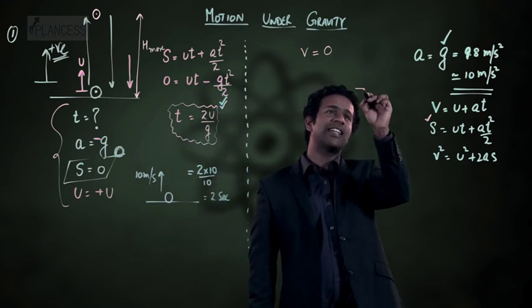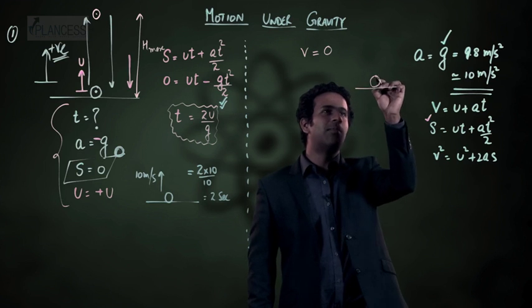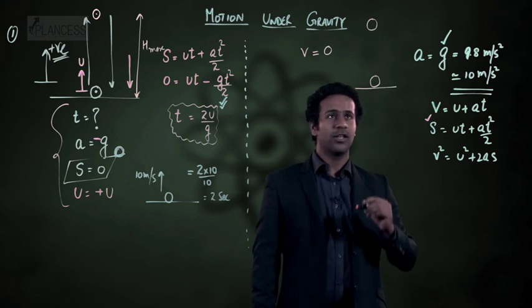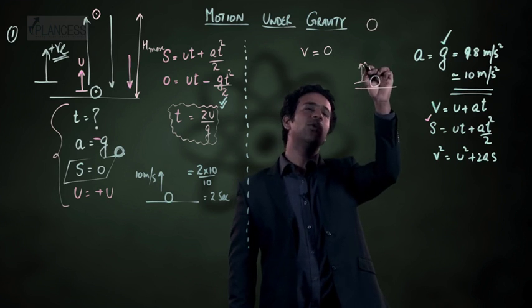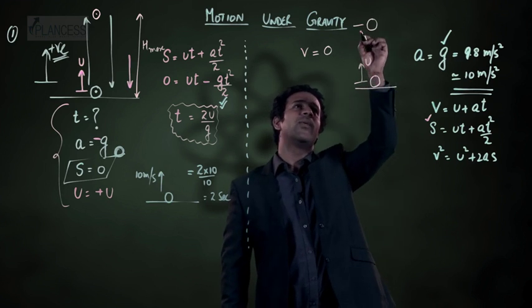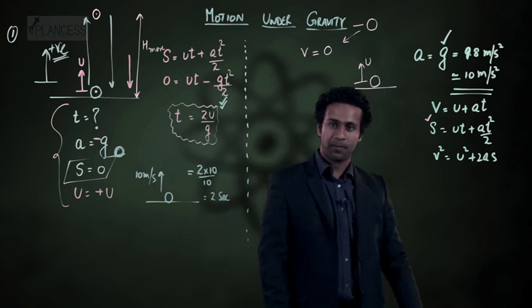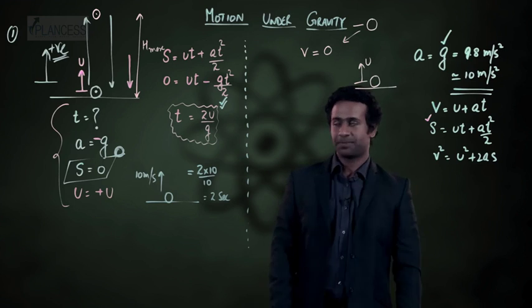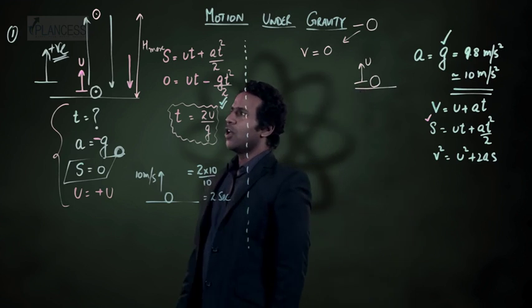So we are basically looking at an interval where the ball started and where the ball stopped, right? So here it had a speed u with which we had thrown it up. This is the highest point where its final speed is 0. And at this point we have the maximum height, right?